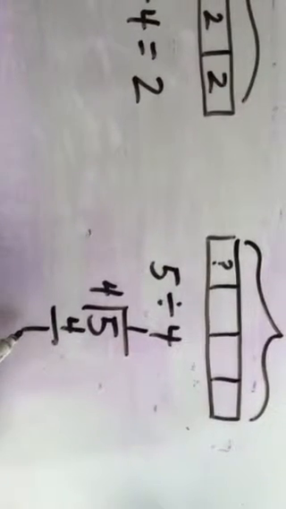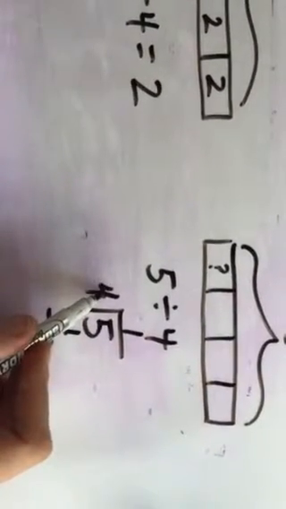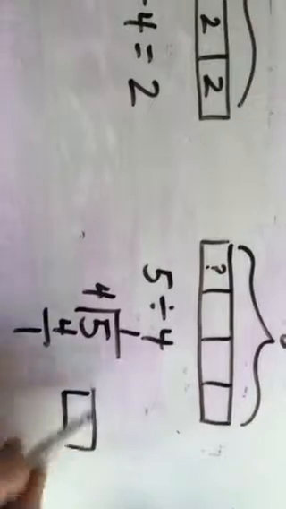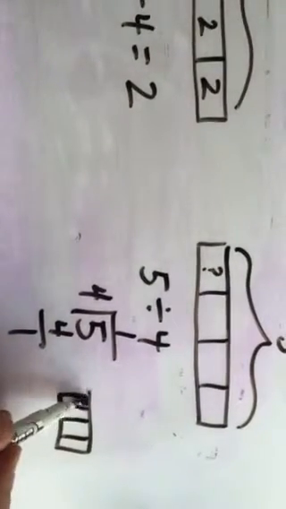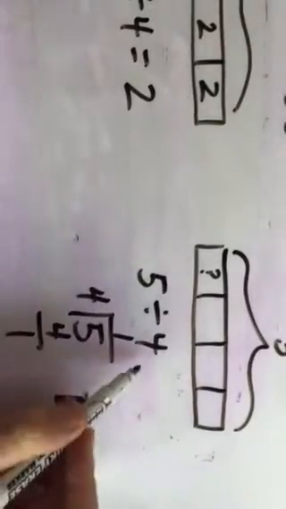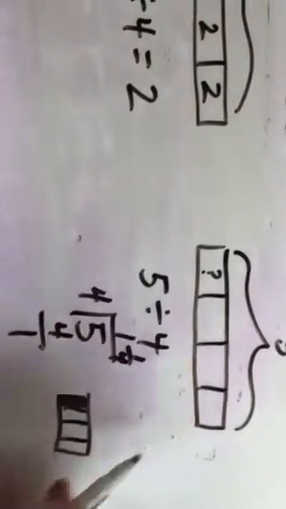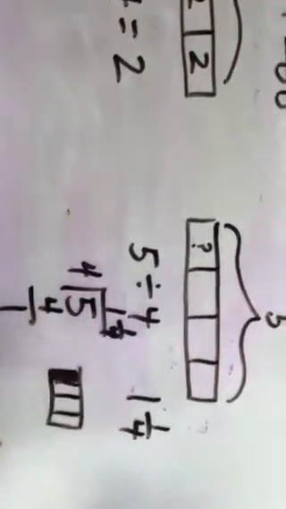5 divided by 4. I've got 1 left over, but this 1 is also being divided by 4. If I have 1 thing and I'm dividing it into 4, I'm making fourths. So my answer is 1 and 1/4.